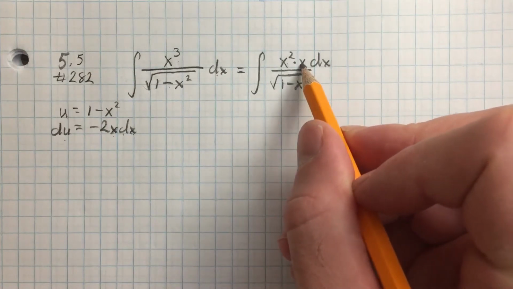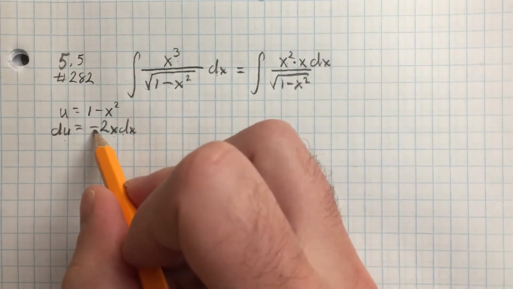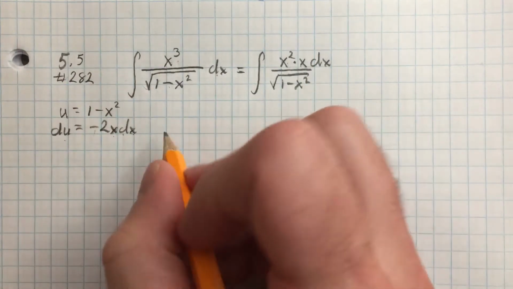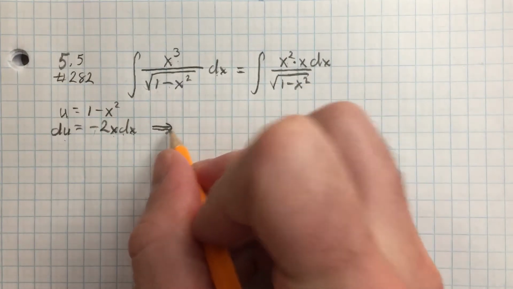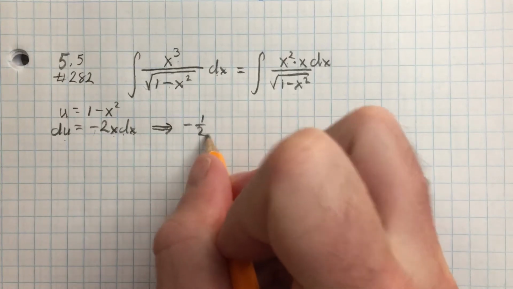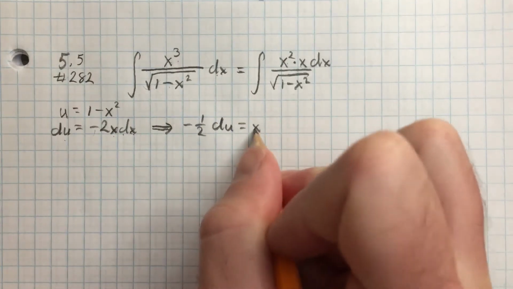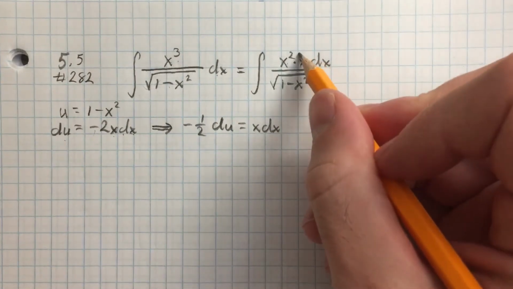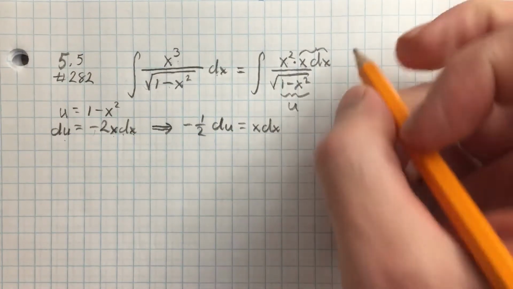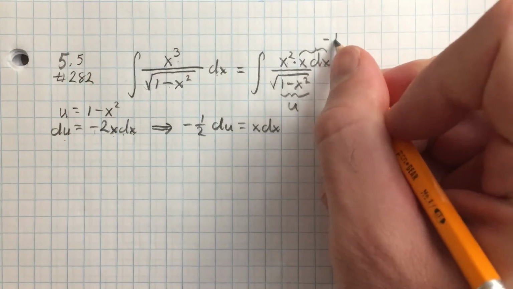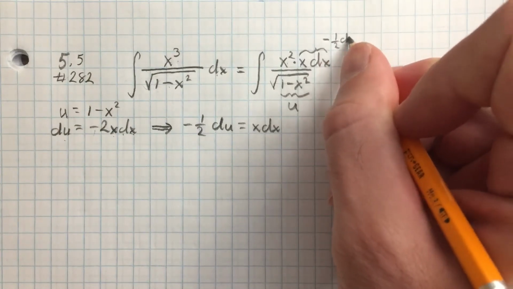This will become ultimately negative 1/2 du. I can say that much at least. Negative 1/2 du equals x dx. Okay, so this x dx here is taken care of. That's going to be negative 1/2 du, and the root is going to be u.